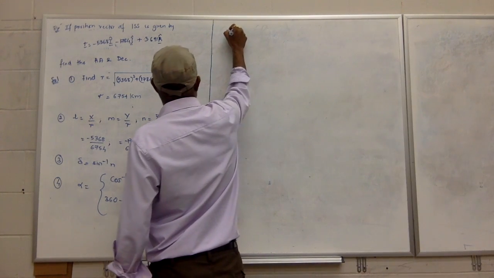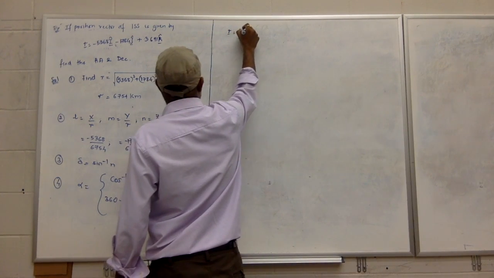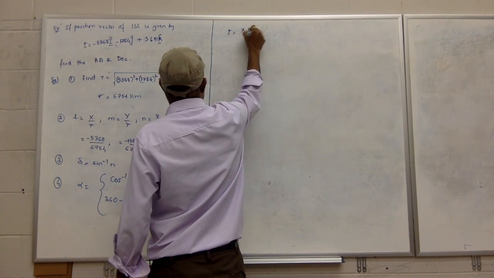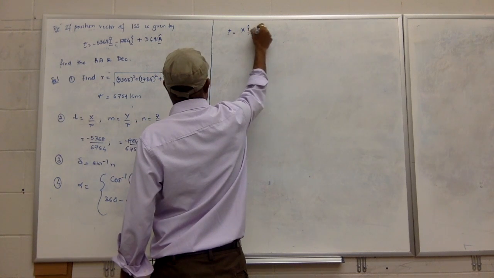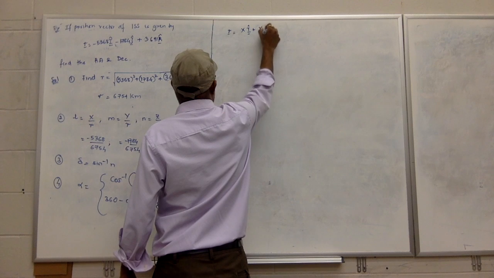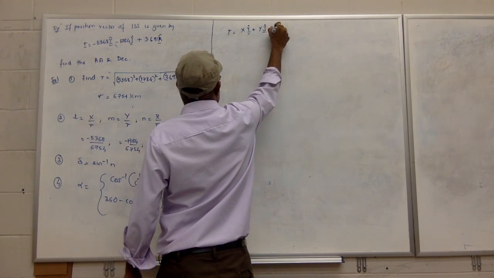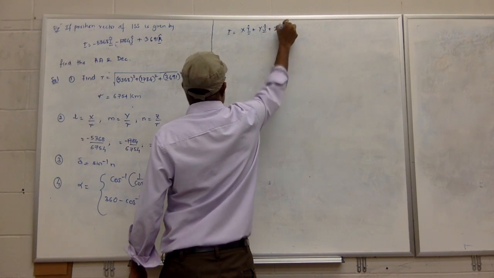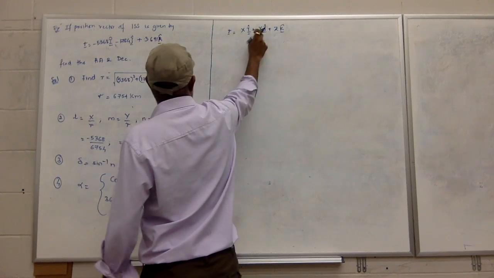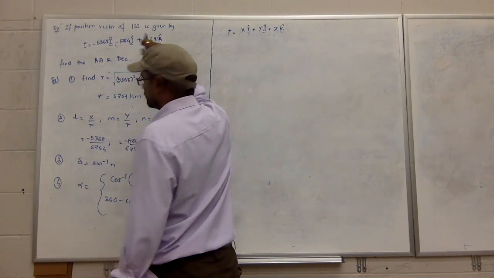R is, what did we say? x i plus y j plus z k, right? So this is x, y, z. Clear?